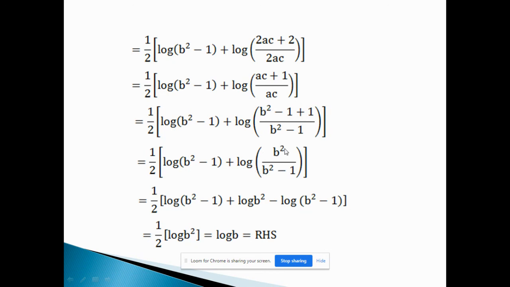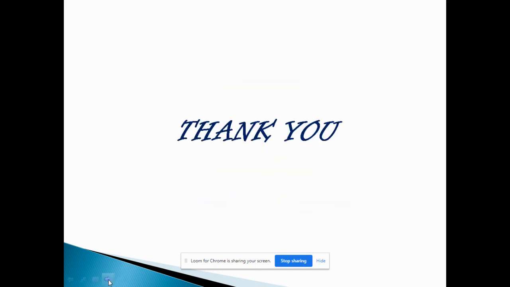Now apply the rule, log a by b is log a minus log b. So finally we get, expand and simplify. Finally we get half into log b square equal to log b, equal to RHS. Hence verified. Thank you, students.